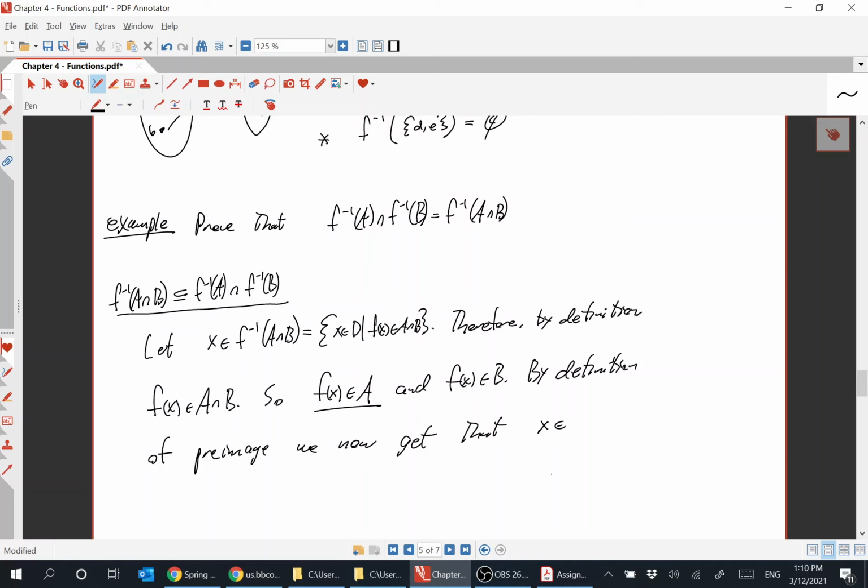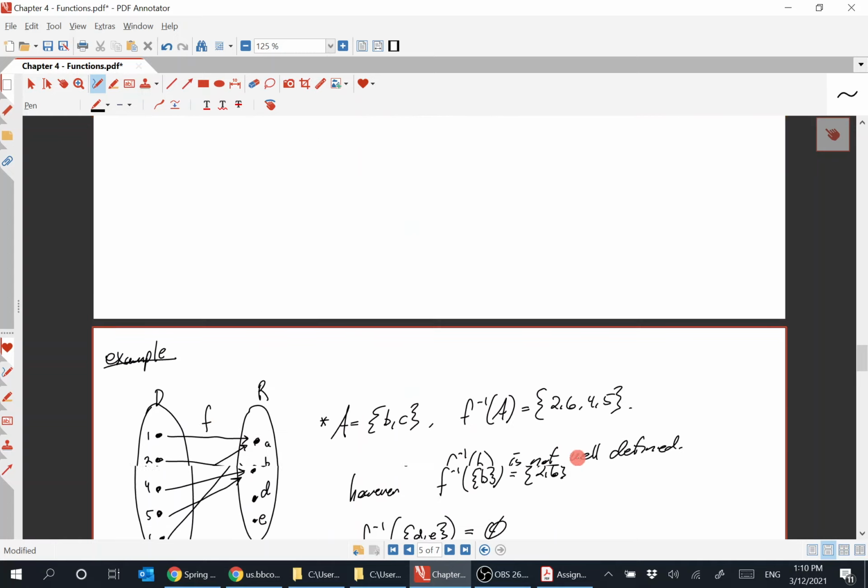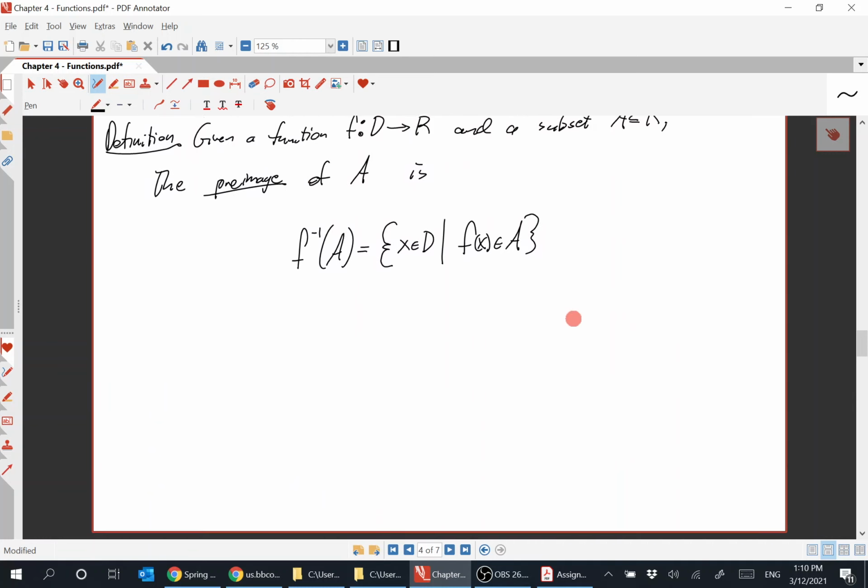Where's f? And f of x is in A. So x is in what set having to do with A? The preimage of A, yeah.